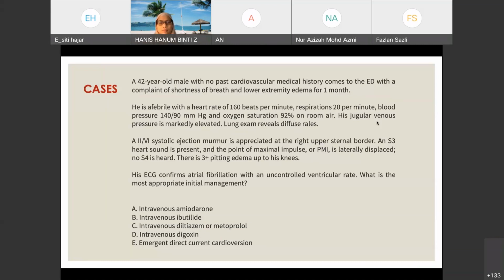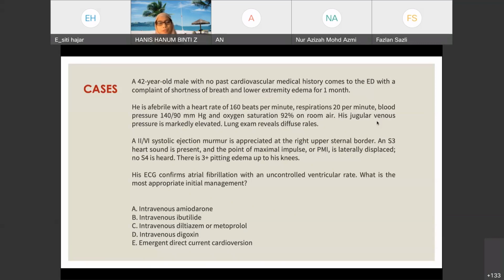Lung exam reveals diffuse rales. A 2/6 systolic ejection murmur is appreciated at the right upper sternal border. An S3 heart sound is present and the point of maximal impulse, or the PMI, is laterally displaced, and no S4 is heard. There is 3+ pitting edema up to his knees. His ECG confirms atrial fibrillation with an uncontrolled ventricular rate. What is the most appropriate initial management?